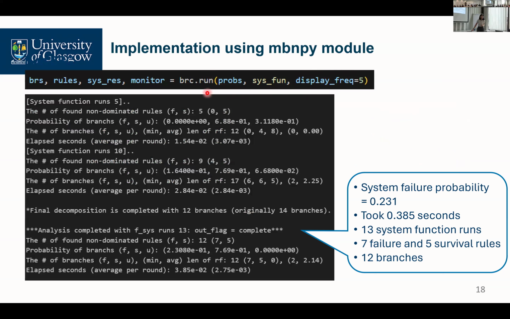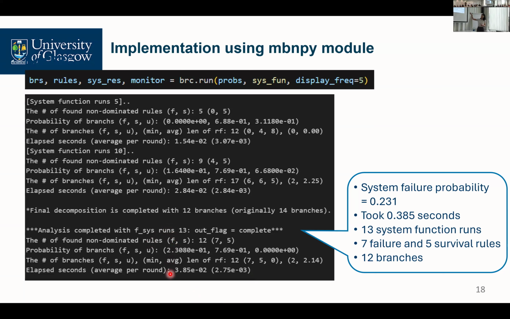Then, if you run this BRC, we can get all these branches, where the system failure probability is obtained as 23%, and it took around 0.3 seconds because it's a relatively simple problem.